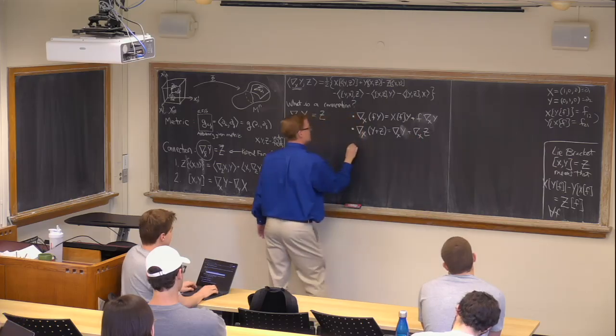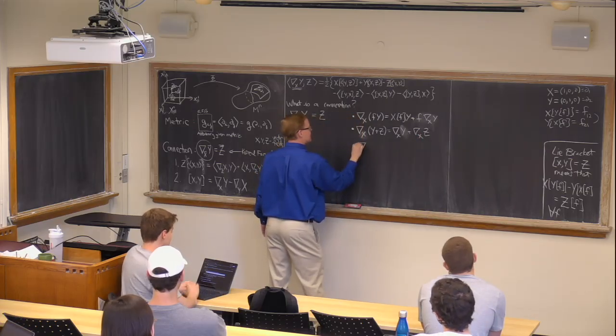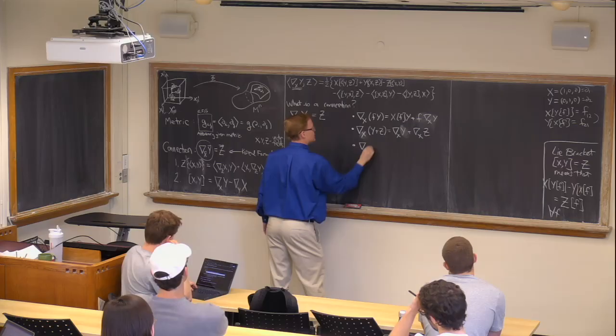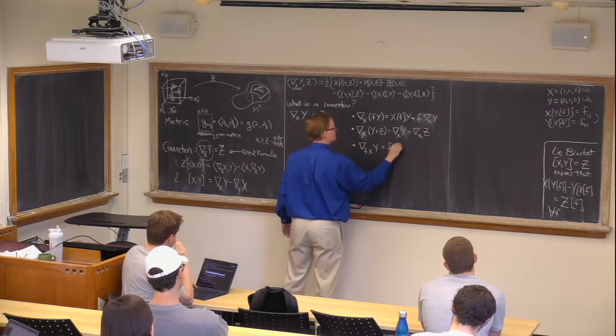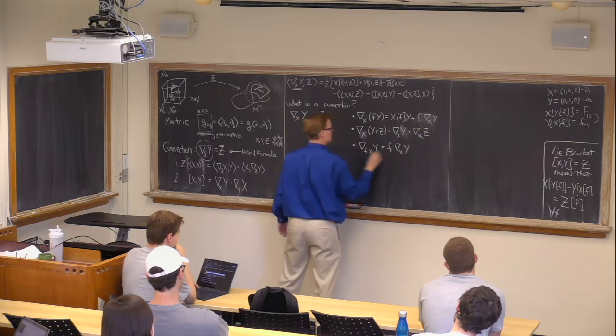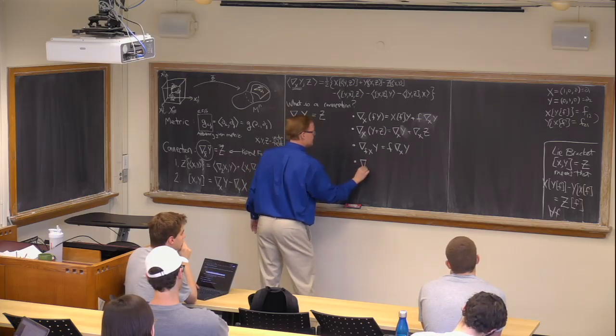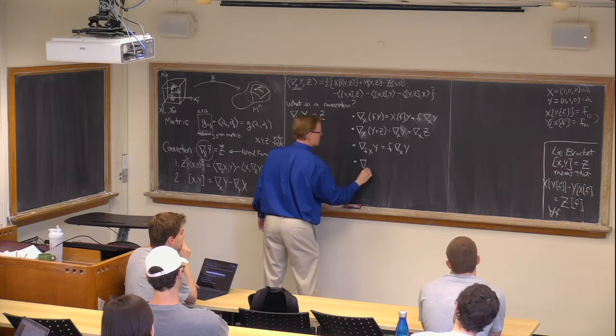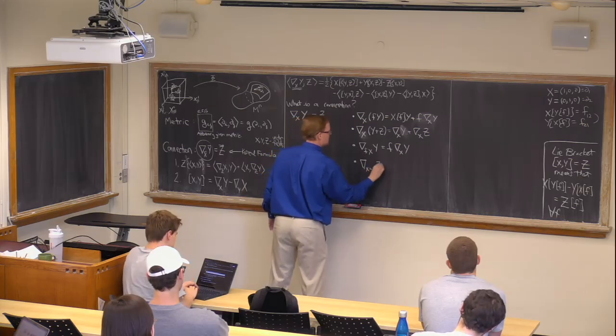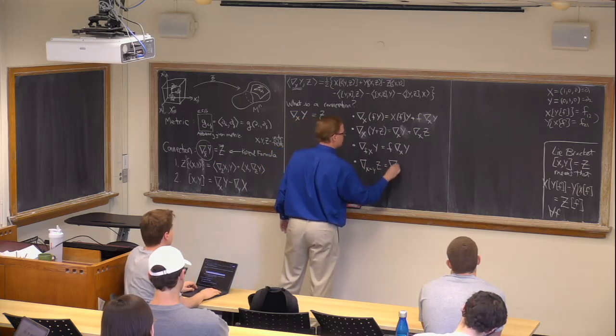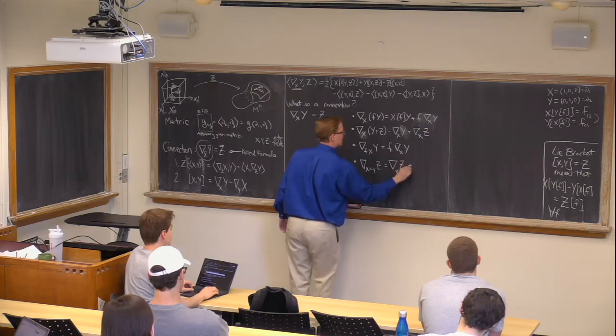And then in the x slot, if you multiply it by a function, that just factors out, right? And we need that if you have 2 vector fields there, then it's linearly additive. And these are properties that you had in multivariable calculus, right?